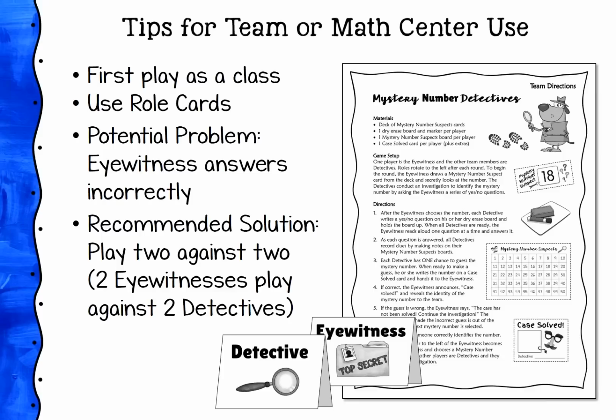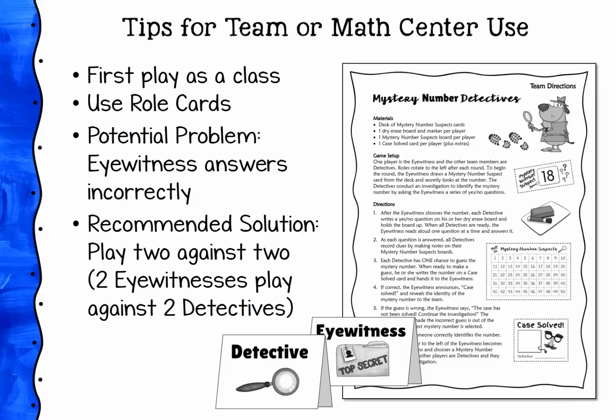That is going to throw off the whole rest of the game. And at the end of the game, when the eyewitness says, yeah, I tricked you, it was 45, those kids are going to want to strangle that person because they're going to say 45 is not a prime number. You didn't answer it right, and then you just about have a fist fight on your hands. I'm telling you, 5th grade, been there, done that.